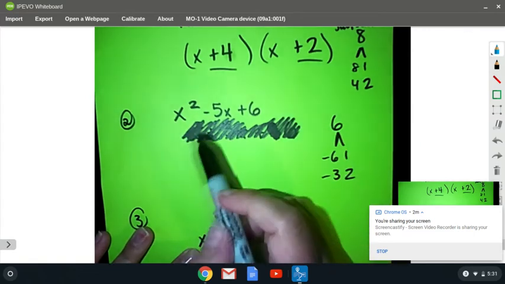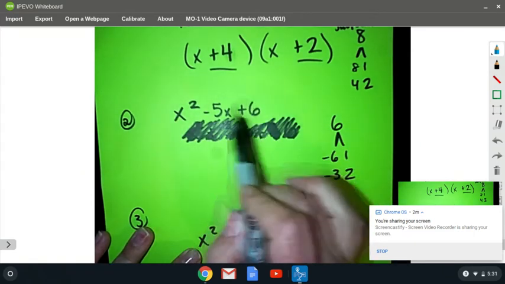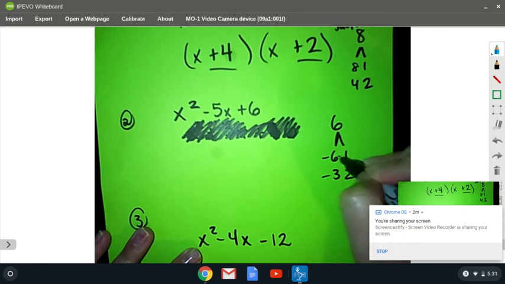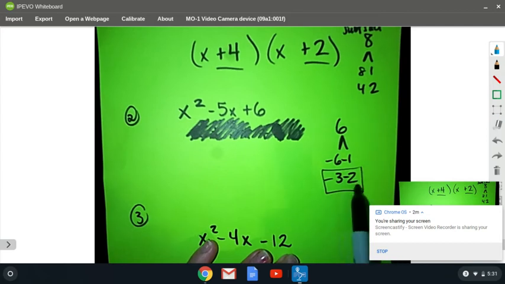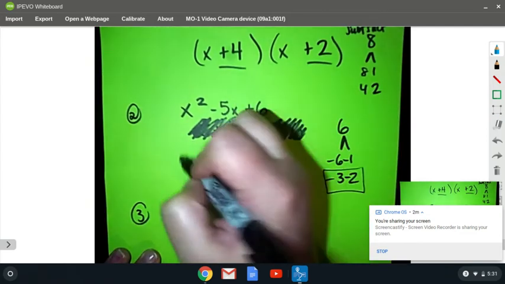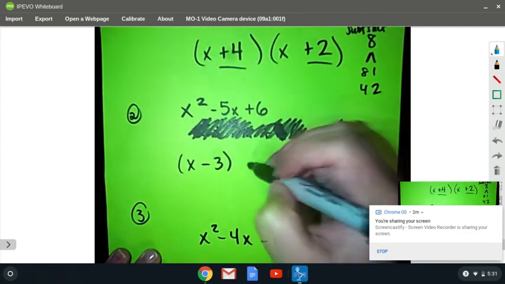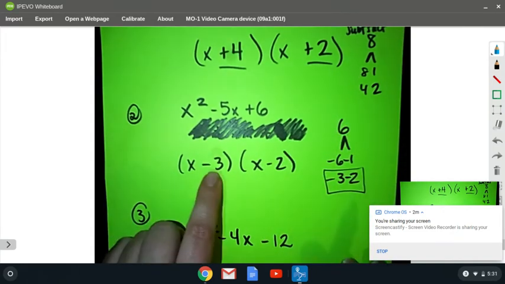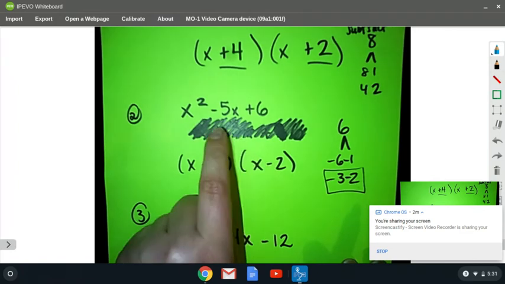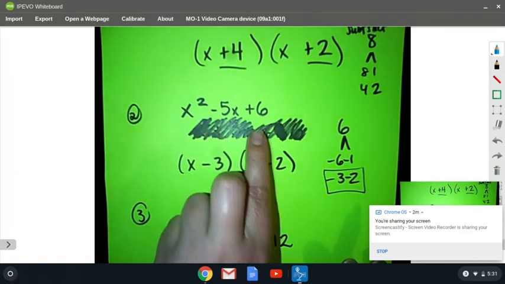In order for us to get a positive 6, these both have to be negative, because a negative times a negative equals a positive. So if you look at this one, negative 3 plus negative 2 does give us negative 5. So those would be our factors. Negative 3 and negative 2 add to be negative 5. They multiply to equal 6.